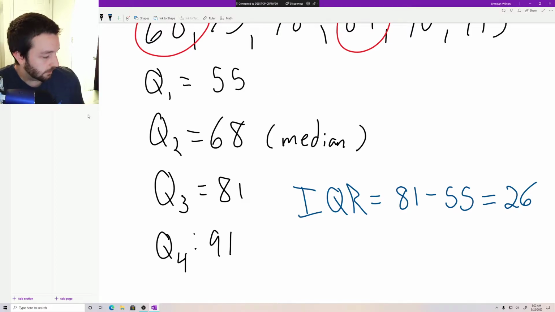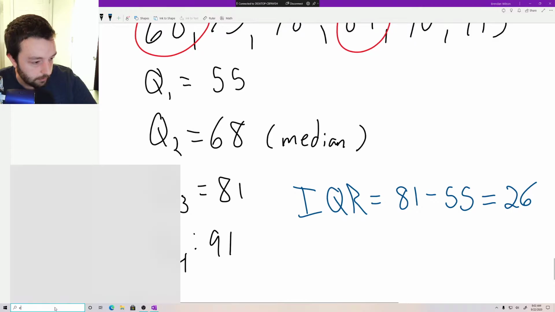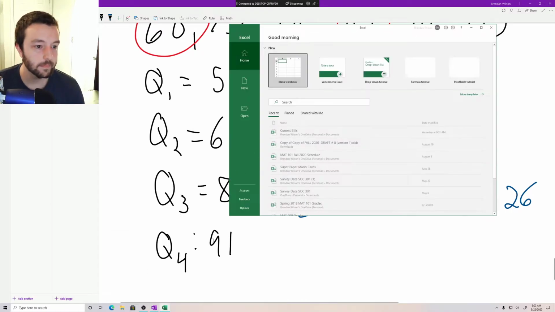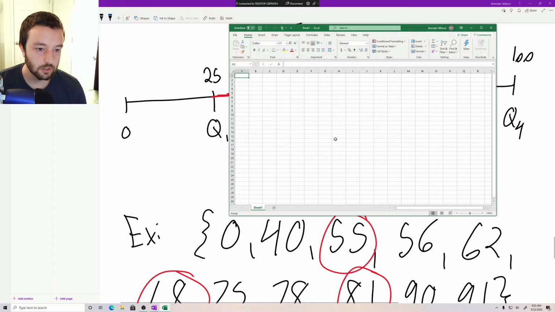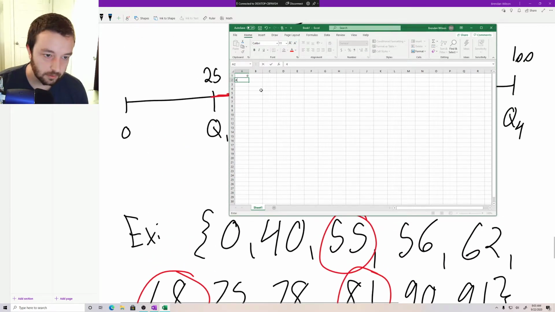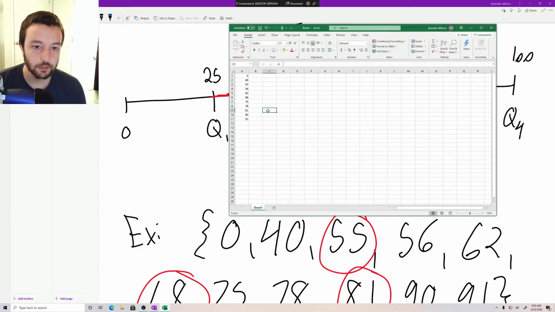Okay. So let me show you how to do this in Excel also. So we'll type in our data: 0, 40, 55, 56, 62, 68, 75, 78, 81, 90, 91. I'll show you how to do it in Google Sheets also.